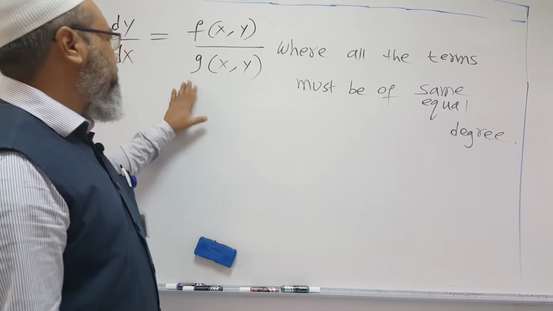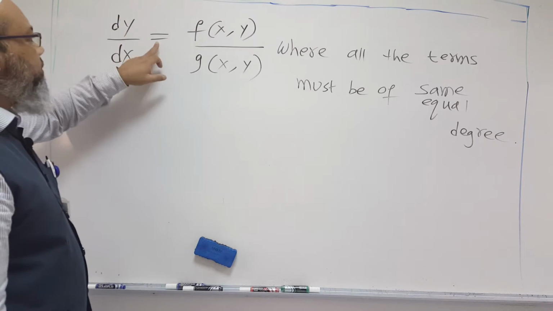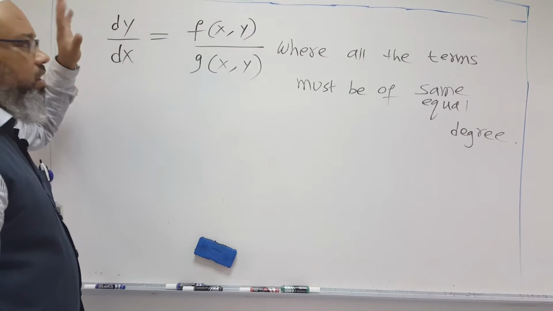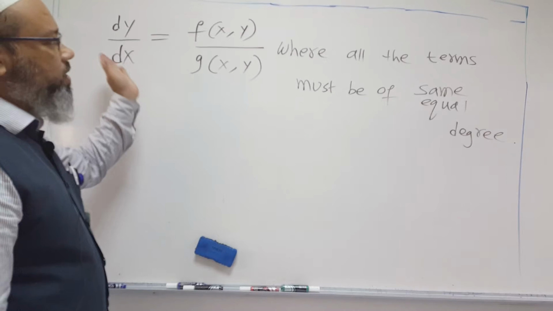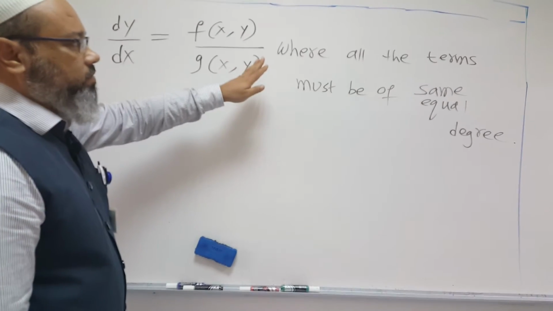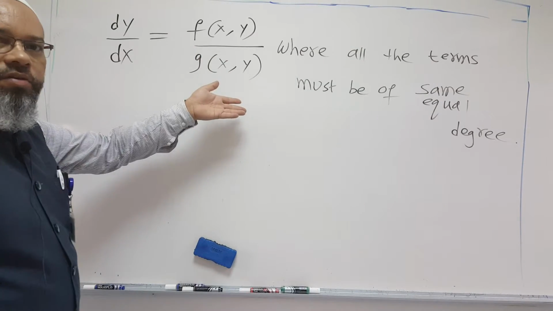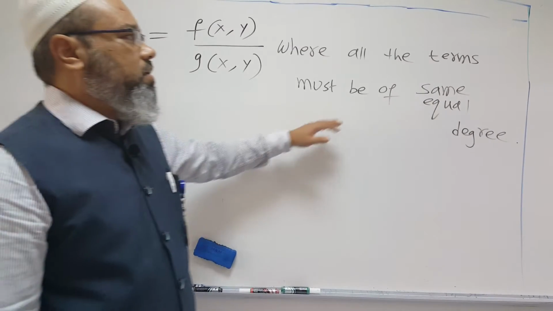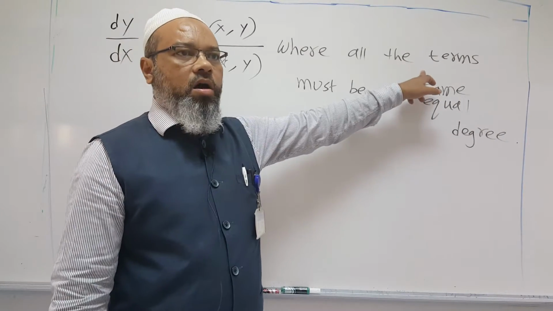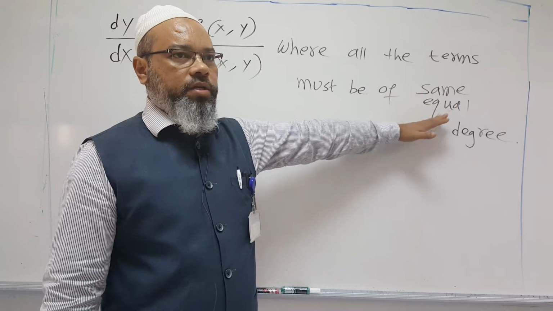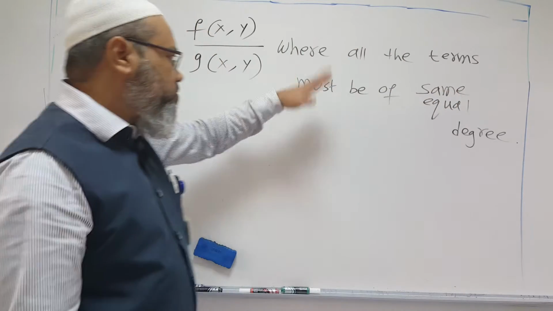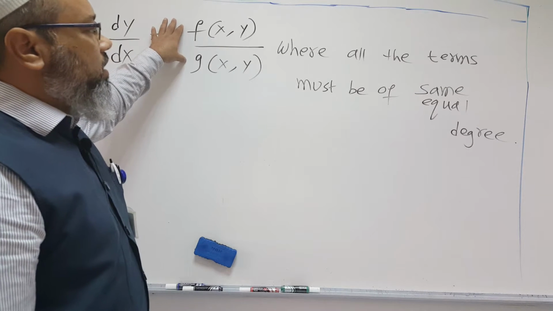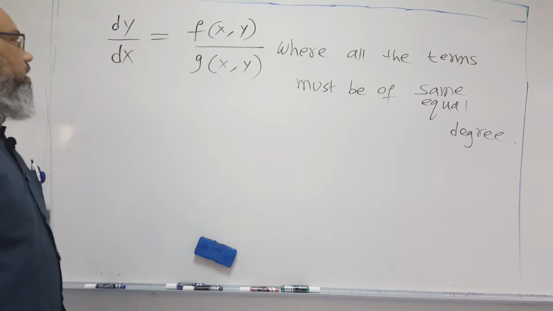On the left side only dy by dx must be there, and all other terms must be on the right side. We can change any differential equation like this, but first we need to check that all the terms are of the same degree. Later we can solve it.